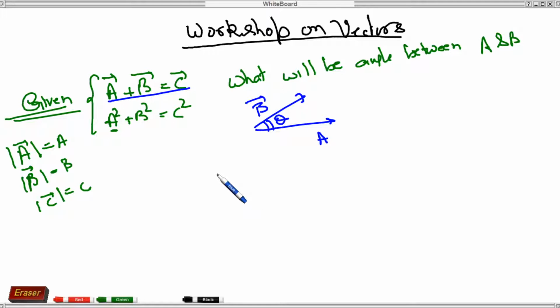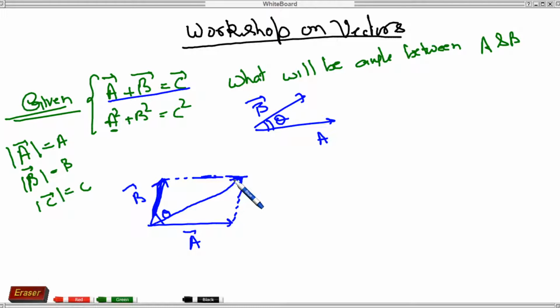What we have learned, like we saw the parallelogram law: if this is vector A, this is vector B, and this is the angle between them, when we complete the parallelogram like this, this is the resultant.